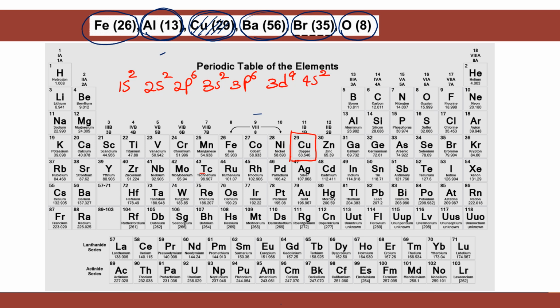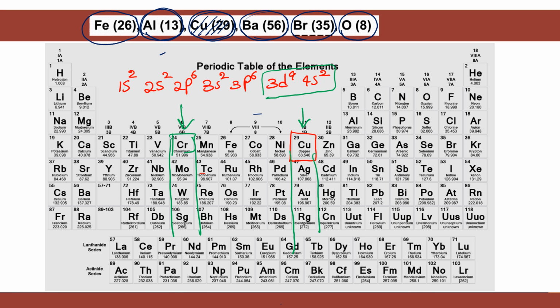So copper is a bit different. Copper and chromium are a bit different. Not only these two, the columns are different. So we need to understand why they are different. So you can see here for copper, 3d9. D is fully filled when you have 10 electrons, isn't it?